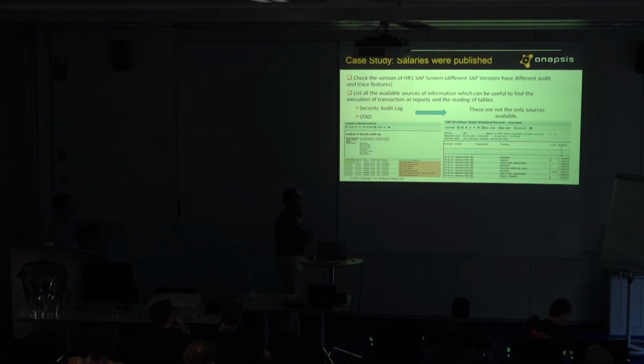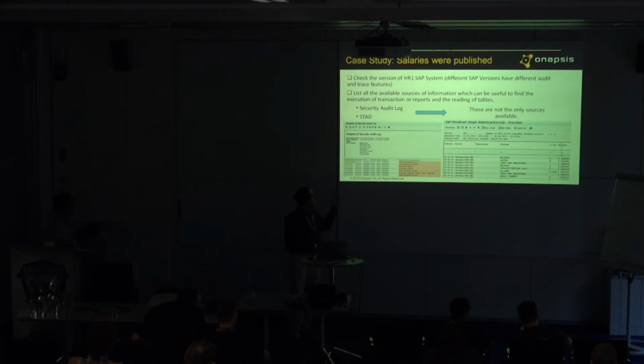If we want to think about the use of transactions or reports, first we need to know which is the SAP version. Different SAP versions have different security auditing features. It's very important to ask this question. And then we need to start to think about the tools of SAP.